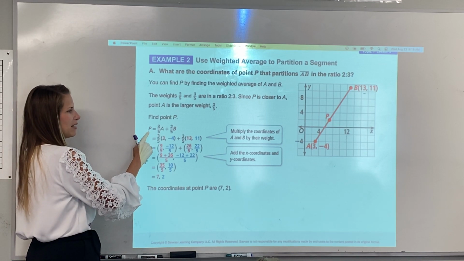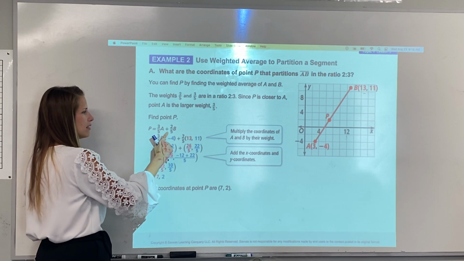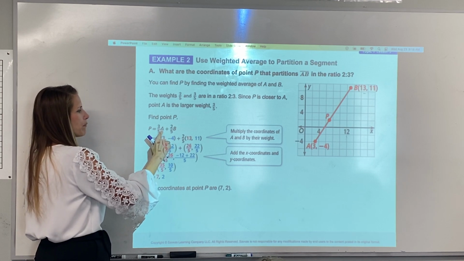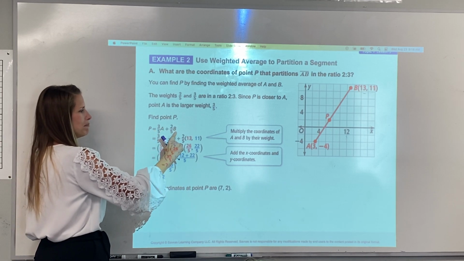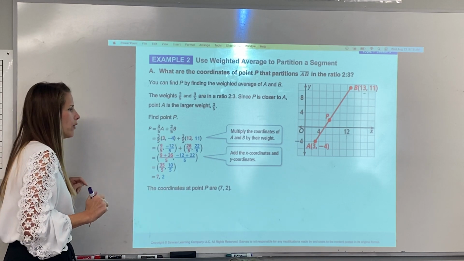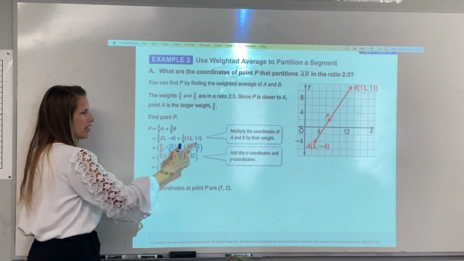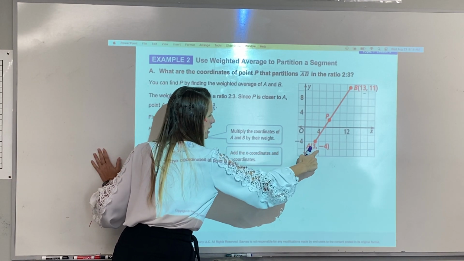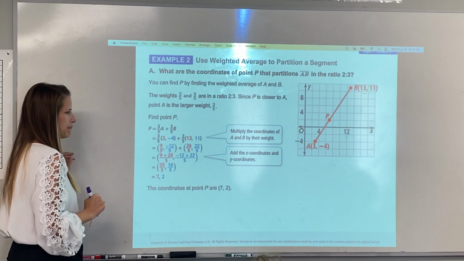Finding point P means we need to combine point A's coordinates with its weight and point B's coordinates multiplied times its weight, okay? So we're going to sub in for A its coordinates, 3, -4.